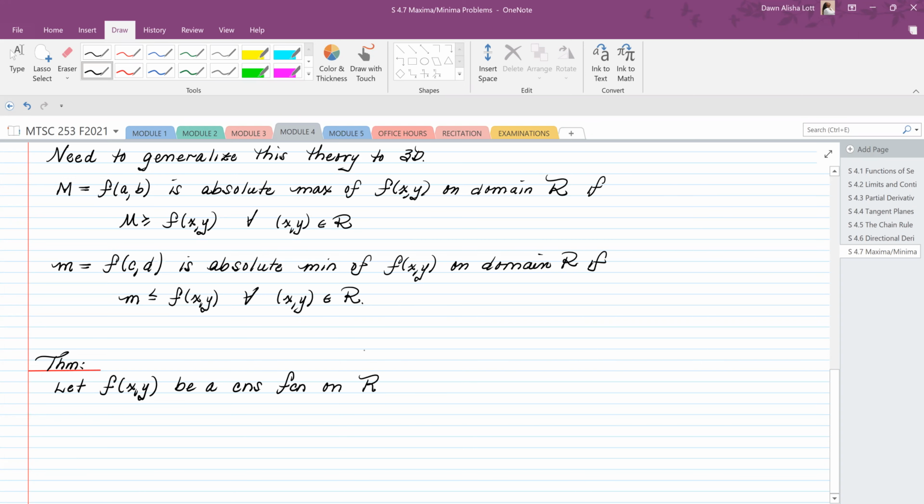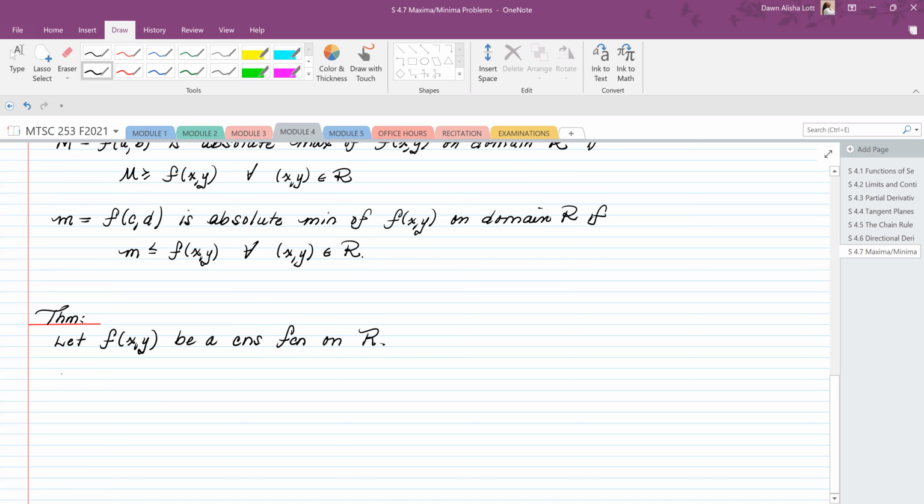And we're going to assume that R is contained in a simple closed curve in R2.